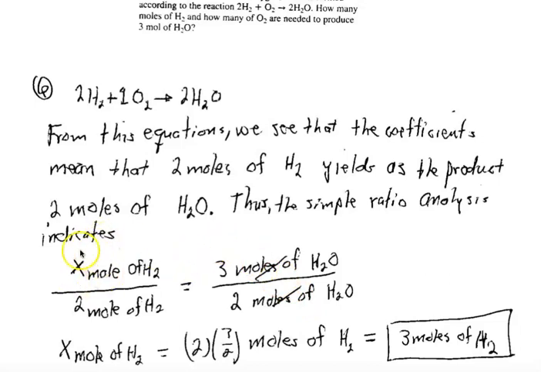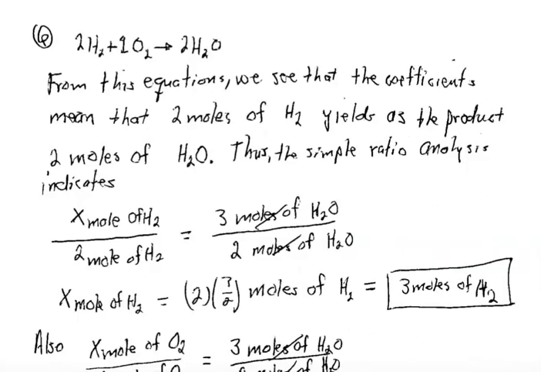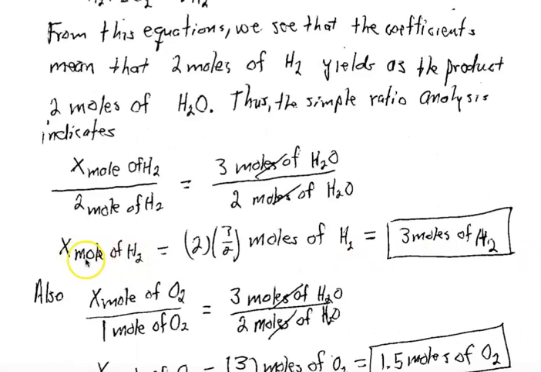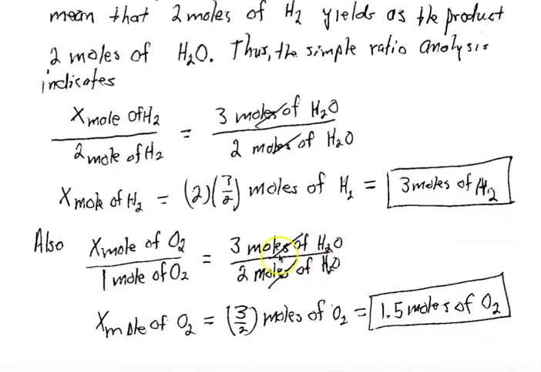Whereas now X is the unknown, 3 is what I wish to have. Therefore, this ratio is valid. Solving the ratio for the X moles of hydrogen yields, go through the mathematics, 2 times 3/2, it yields 3 moles of H2.